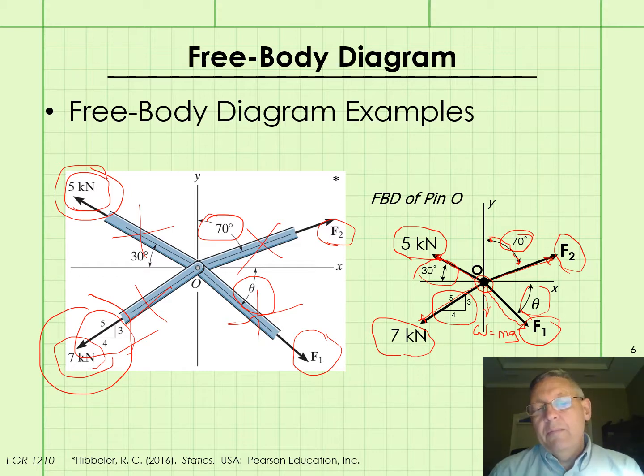And in this problem, we would most likely assume that the weight of the pin itself is insignificant when compared with the magnitudes of the forces existing in the problem. So we would just ignore the weight of the pin in this problem and not show it on the free body diagram.